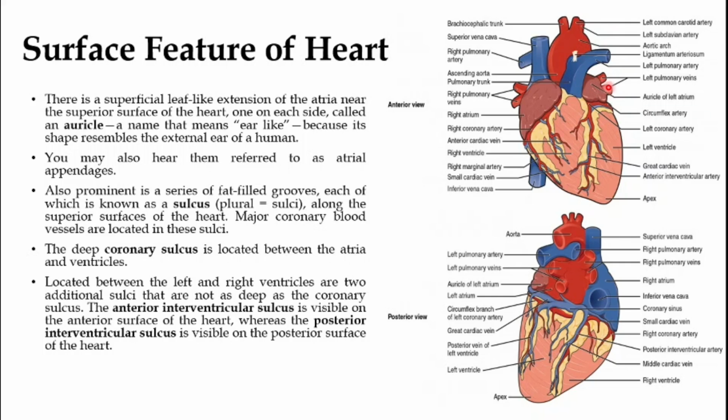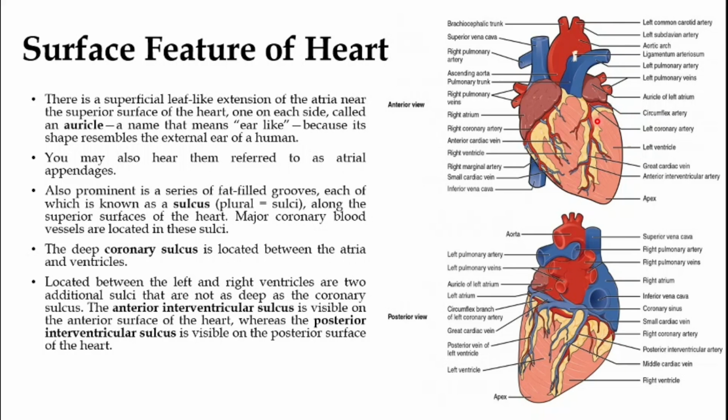There you can see the pulmonary veins, two pulmonary veins on the left side and two pulmonary veins on the right side, and you can also see the auricles of the atria. There we can see the circumflex artery, the left coronary artery.